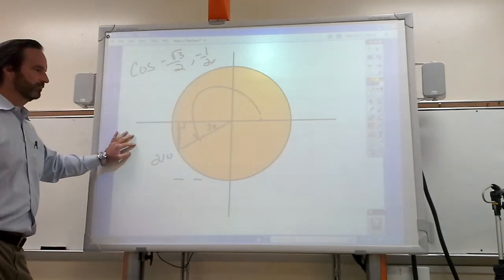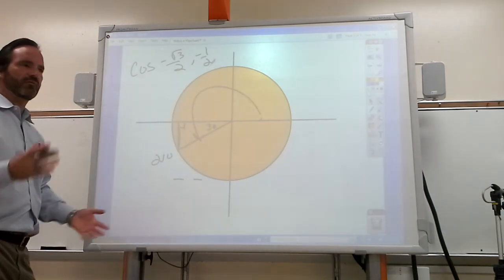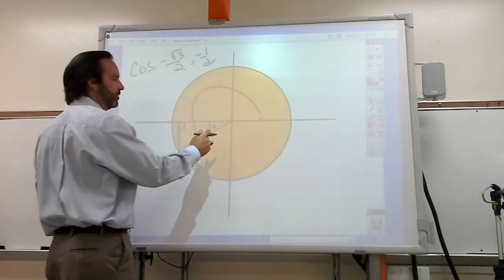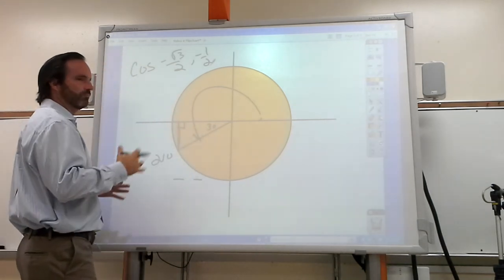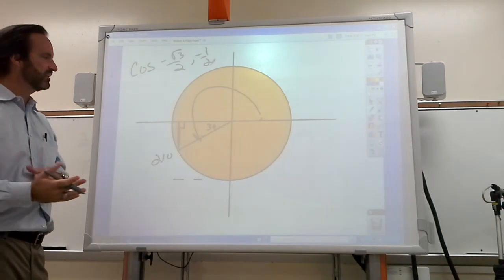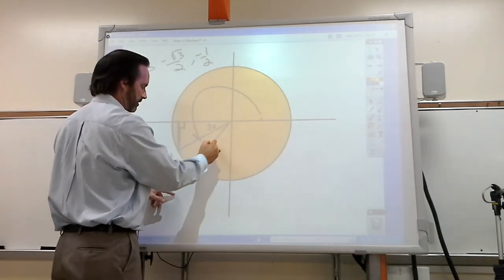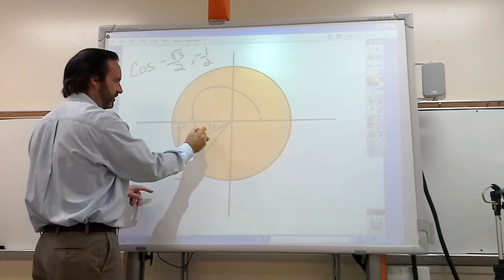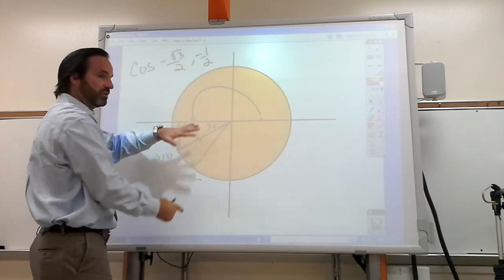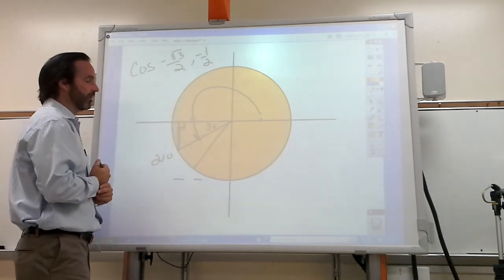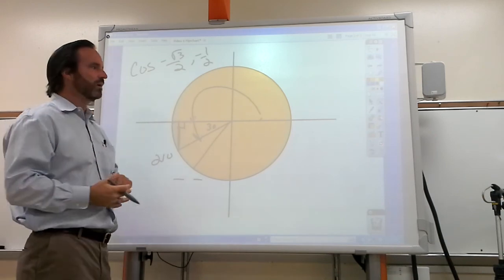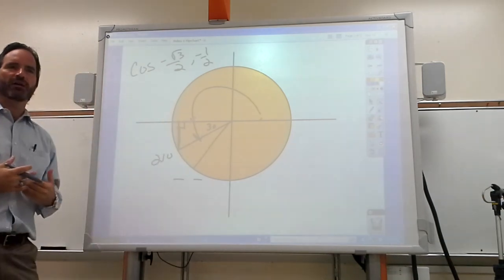Okay? All right, and if you had a different reference angle, let's say we went all the way to 240, that would give you 60 degrees here, and your cosine and sine values are going to switch. Last thing, I don't want to confuse you, you'll be able to look at these different triangles.